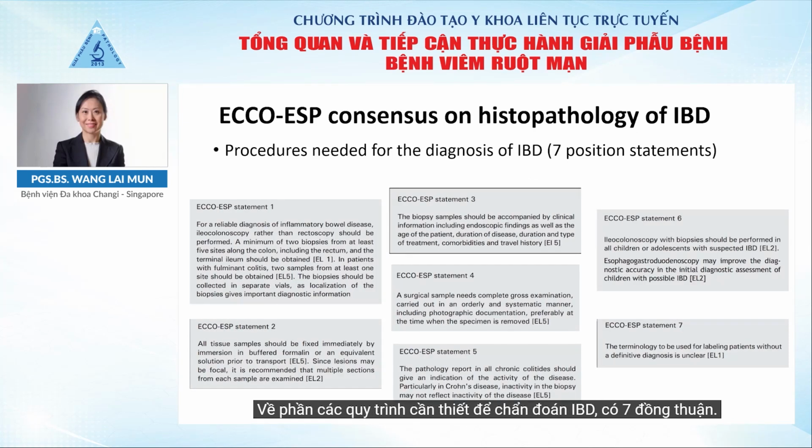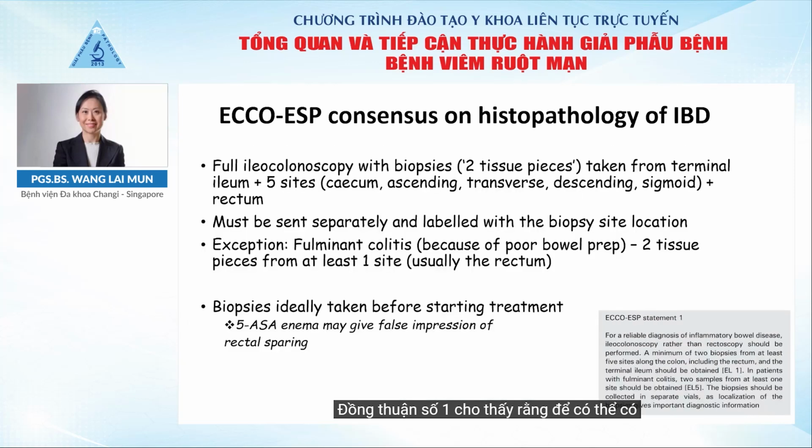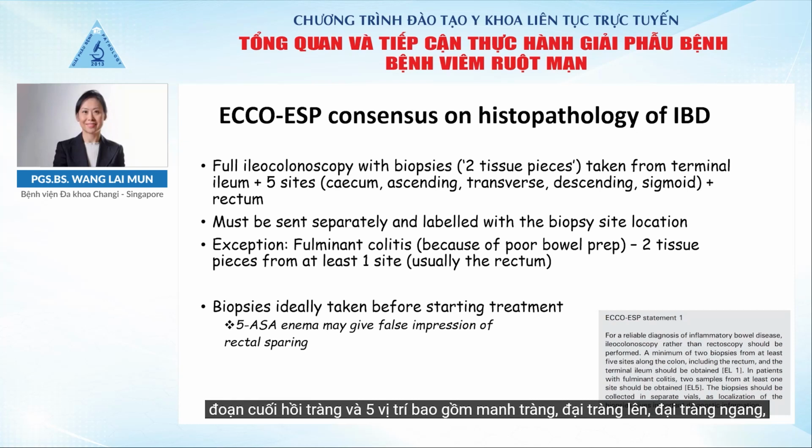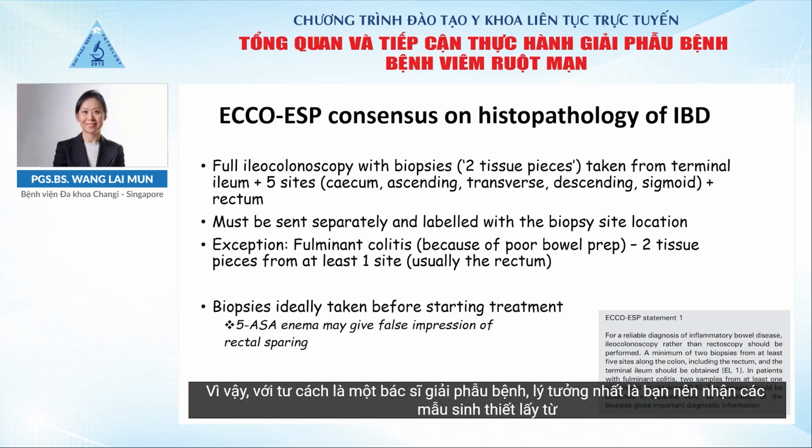Under the heading of procedures needed for the diagnosis of IBD, there are 7 position statements. Position Statement 1 states that for reliable diagnosis of IBD, a full ileocolonoscopy with biopsies taken from the terminal ileum and 5 sites that include the cecum, ascending, transverse, descending, and sigmoid colon, and the rectum is recommended.